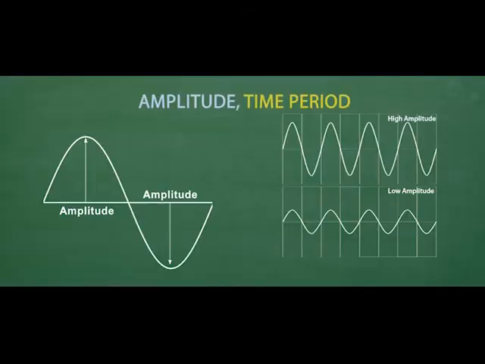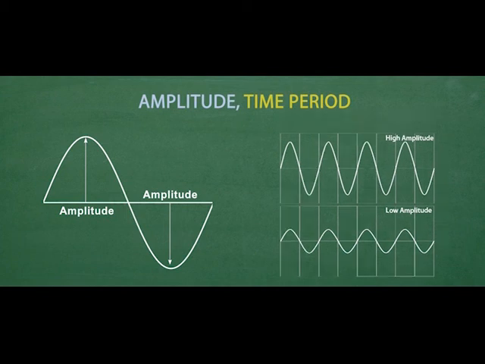Now let's try to view a figure where we explore what is meant by amplitude as well as what is meant by the time period. In this figure, we have a complete cycle, a rise and a fall. That simply means the to and fro motion.